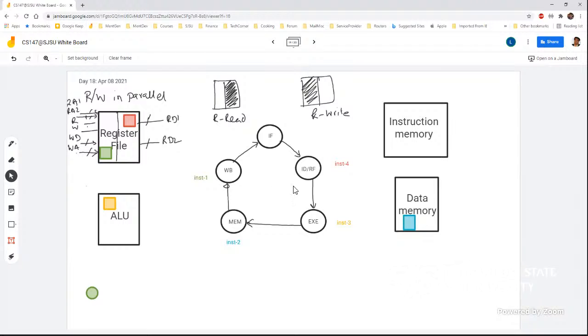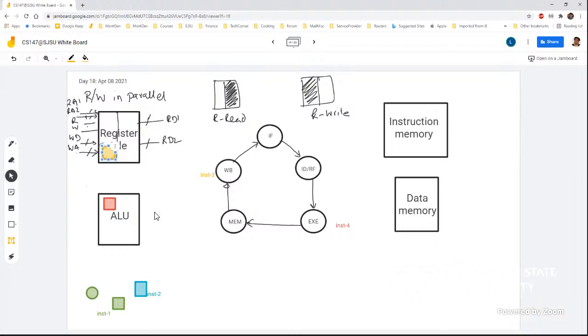Now, next clock cycle, there is a fourth thing to accomplish. So instruction 1 is done. Instruction 2 moves into write back, so this will start using the writing part of the register file. Instruction 3 is in the mem, so it uses the data memory. Instruction 4 is in the exe, so it will start using the ALU. Then instruction 2 is done, and instruction 3 moves on to the write back.